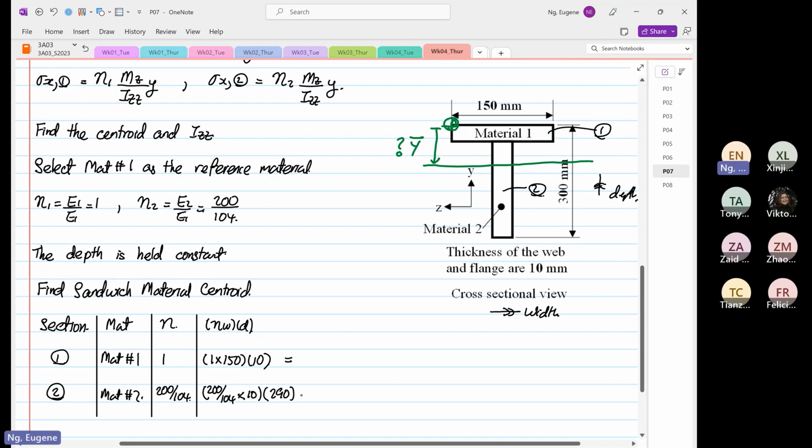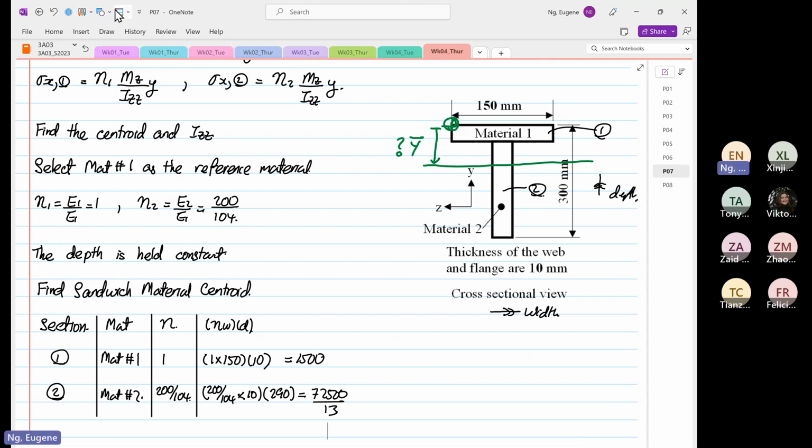We compute this out: it's 1500. So 200 over 104 times 10 times 290 is equal to 72500 over 13.